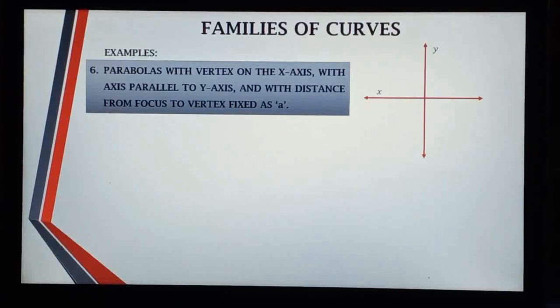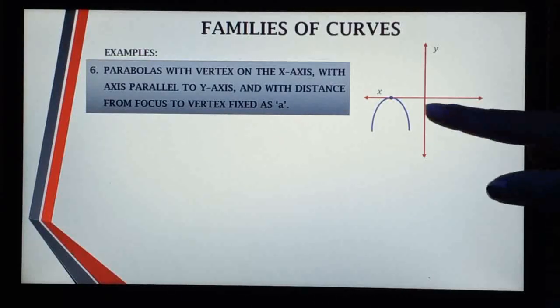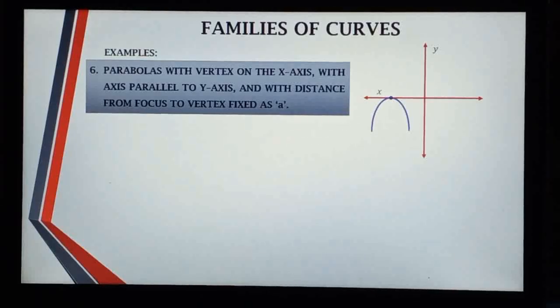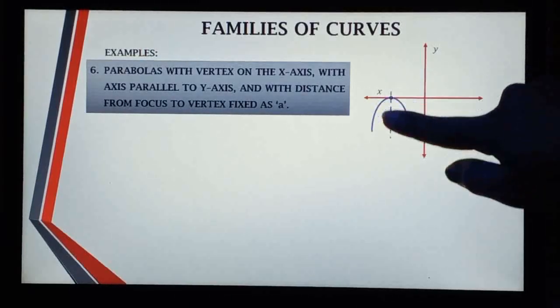First, you have the x and y coordinates. So we have the parabola. It can be downward, with the vertex on the x-axis. So yung vertex mo nasa x-axis. Then si axis daw parallel kay y-axis. So it satisfies yung second condition.